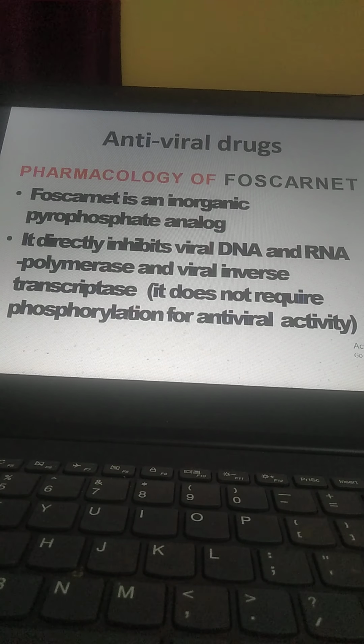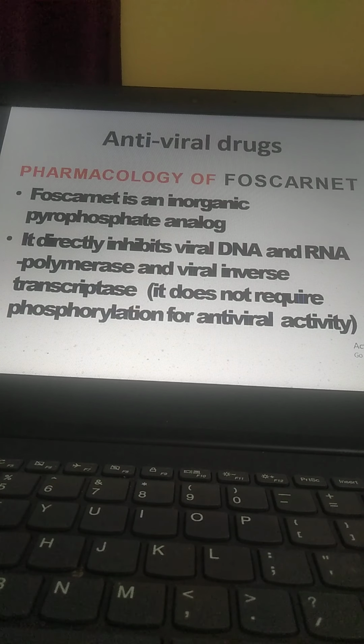Then we have foscarnet. Foscarnet is an inorganic pyrophosphate analog. It directly inhibits viral DNA and RNA polymerase, and viral reverse transcriptase. It does not require phosphorylation for antiviral activity, so there is no monophosphate, diphosphate, or triphosphate. It directly goes and acts, being an inorganic pyrophosphate.